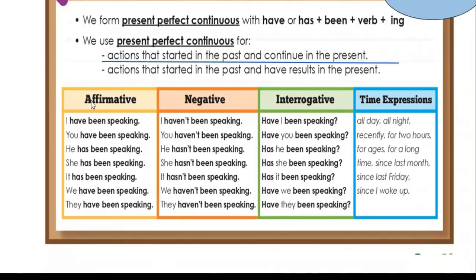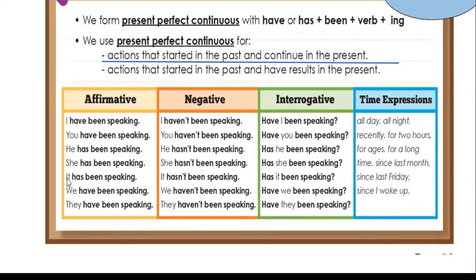And then it says, we have the affirmative sentences, the negative sentences, and the interrogative sentences. And we also have some time expressions in here. The affirmative sentences go like this. We start with the subject, I, you, he, she, they. The second word is have or has. And I told you that has is for he, she, and it.